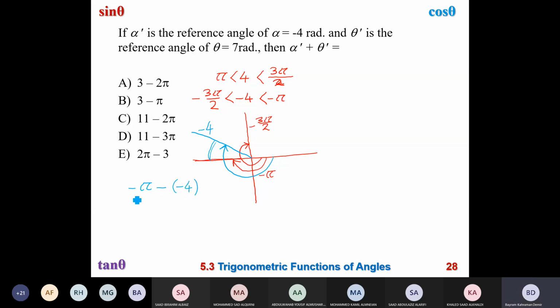You see? -pi is the greater one, -4 is the smaller one. So the big number minus small number. You notice that? Minus -4 will be +4, of course. Result will be 4 minus pi. That is the reference angle of -4: the reference of alpha is 4 minus pi.